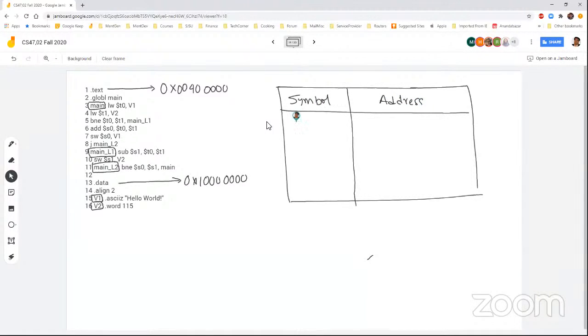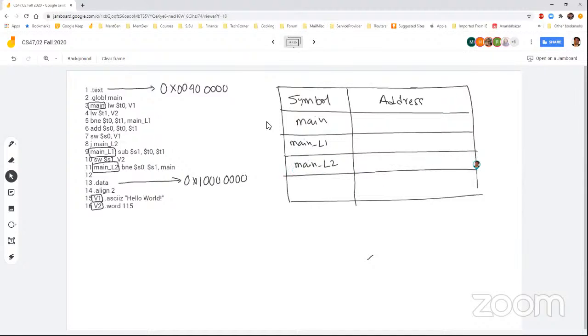So your symbol entries will be main, L1, main L2, and then V1 and V2. All right, so these are the 5 symbols.